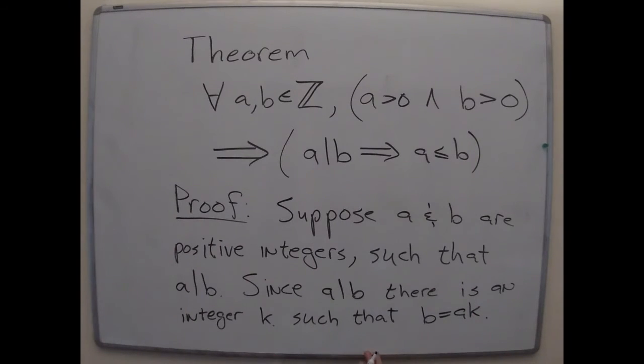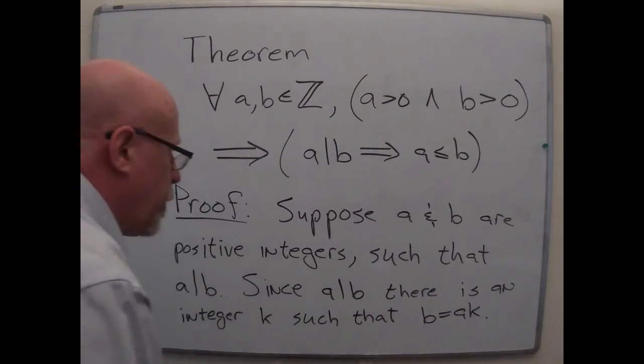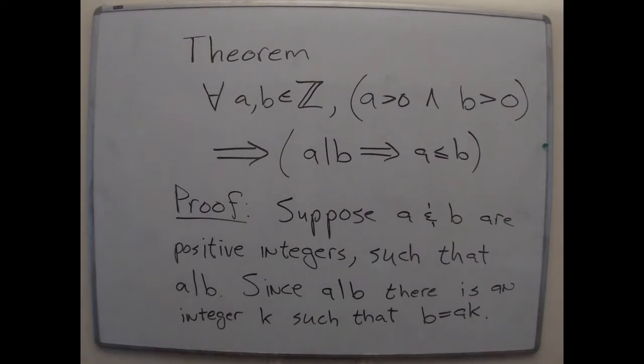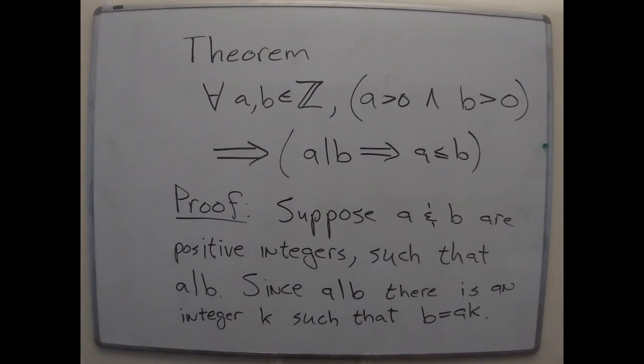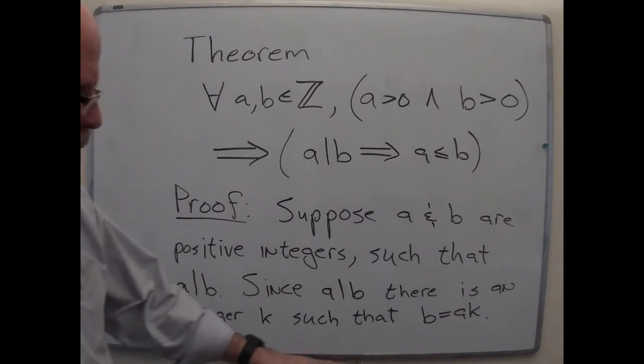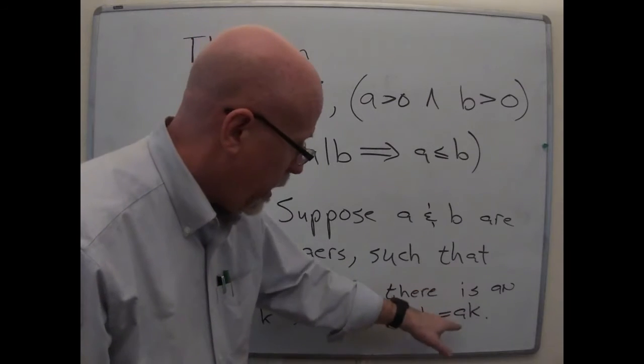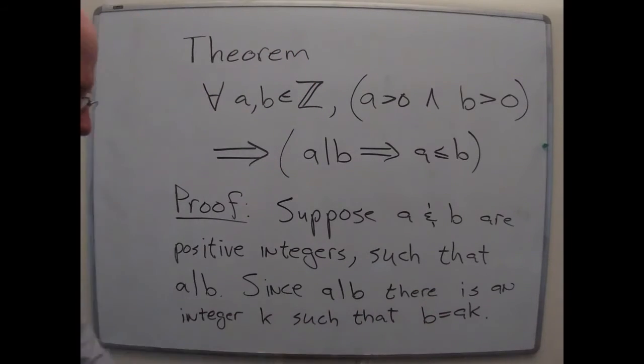Now, I just want to ask you about the sign of K here. I'd rather not have to go into a big rigmarole to argue this. From this, isn't it clear that K has to be a positive number? Because if K were negative, A is positive, this side would be negative, and this side is positive. That doesn't make sense.